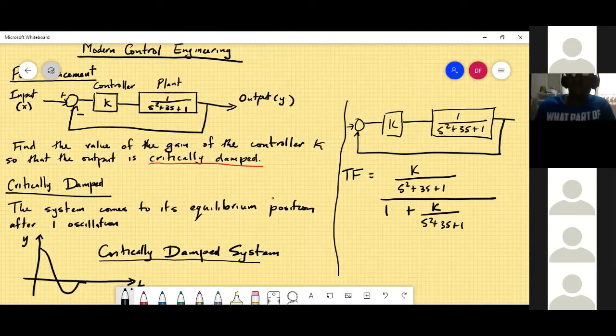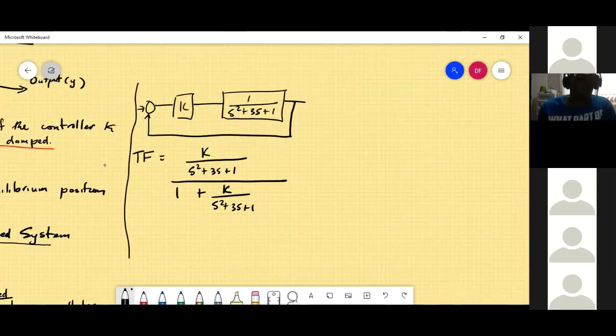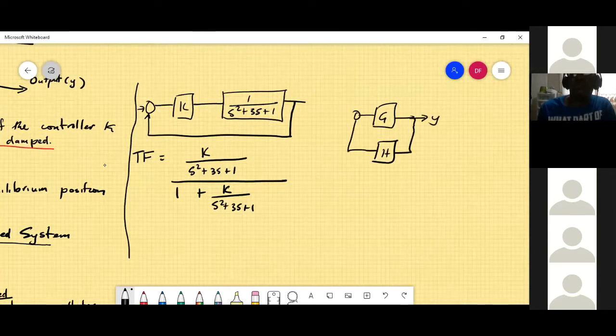All right, so that comes from when we have G and we have H, then the transfer function is G over 1 plus GH. But in a unity gain system, H equals 1. So it's just G over 1 plus G.